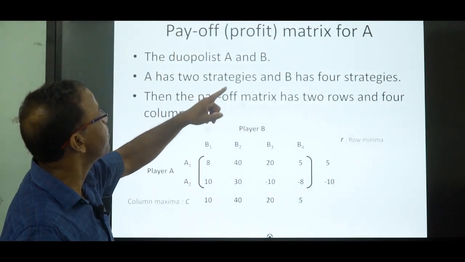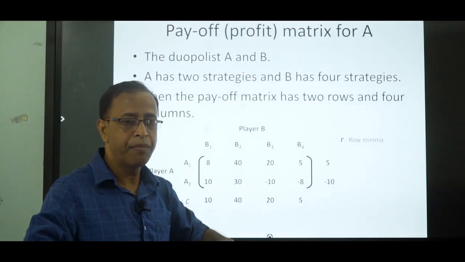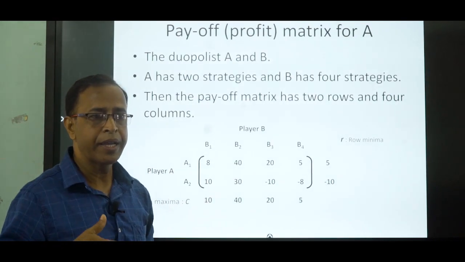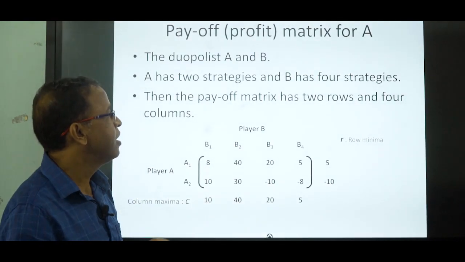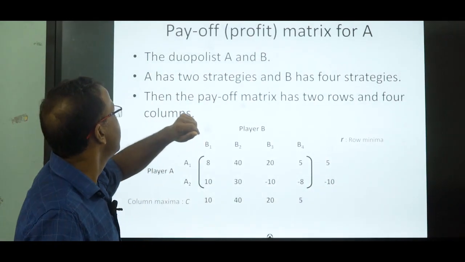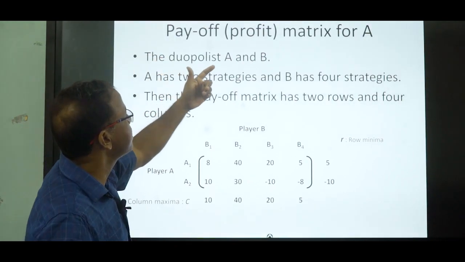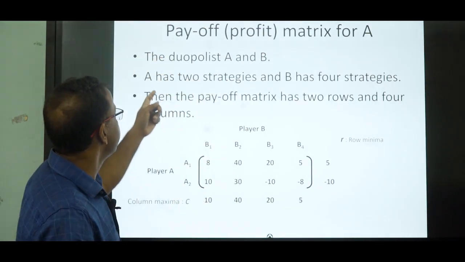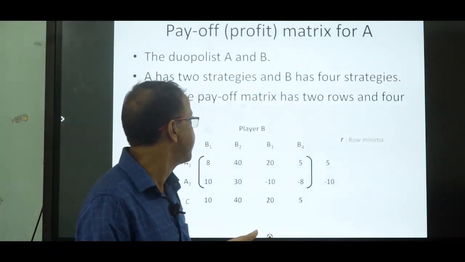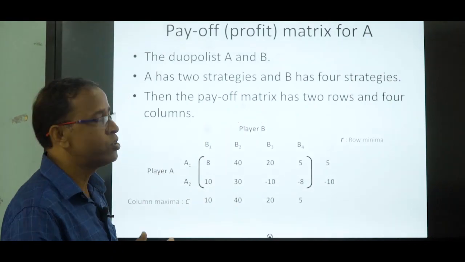That means if we discuss the strategy outcome, how to gain by A or B, this is determined through the payoff matrix. And payoff matrix means, say, the duopolists A and B, two players, and A has two strategies and B has four strategies, then the payoff matrix has two rows and four columns.